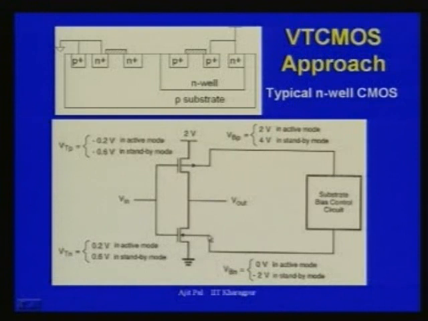These are the substrates to which you can apply different voltages. So, when the circuit is operating in normal mode, the substrate of the PUN well is given a voltage of 2 volt. Then the threshold voltage is 0.2 in the active mode.